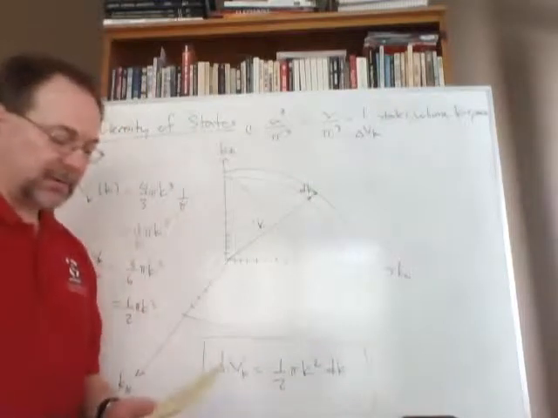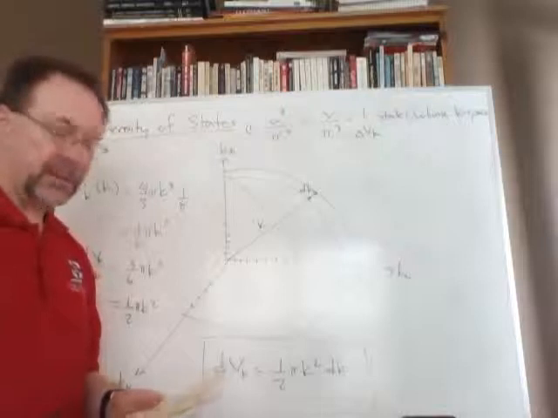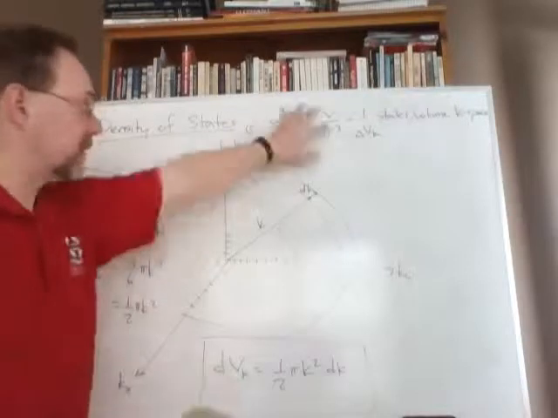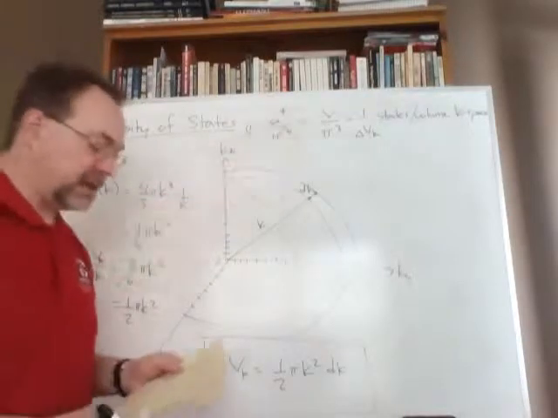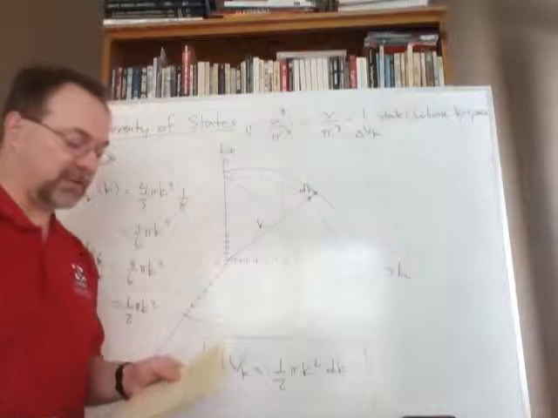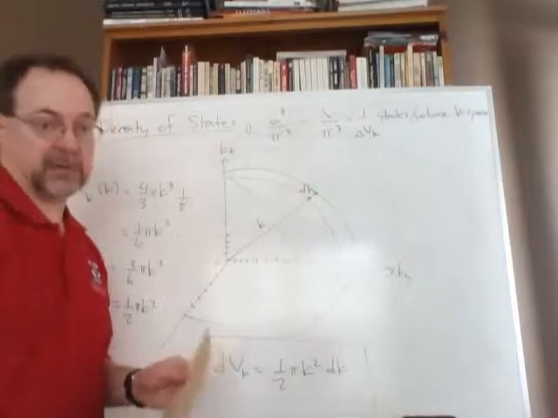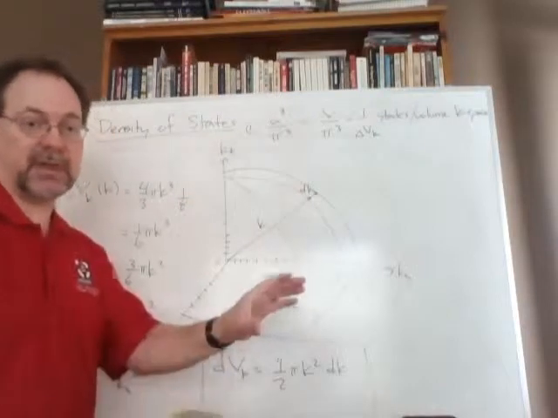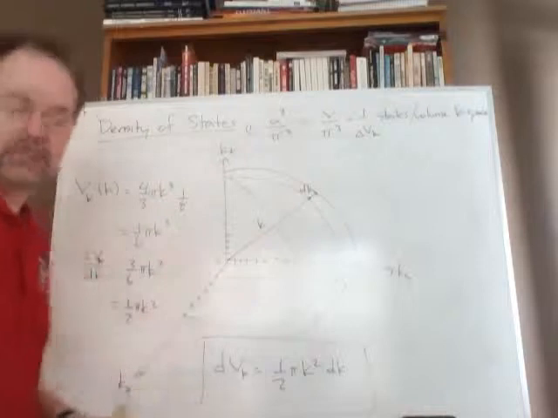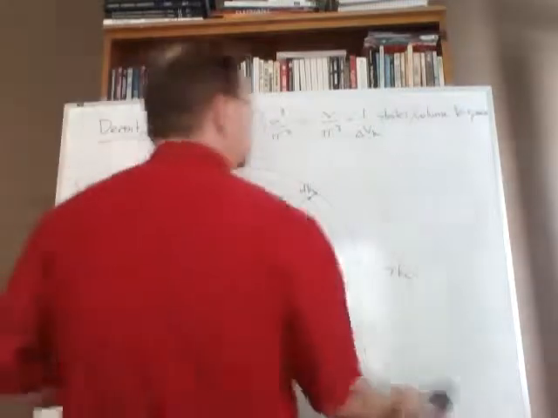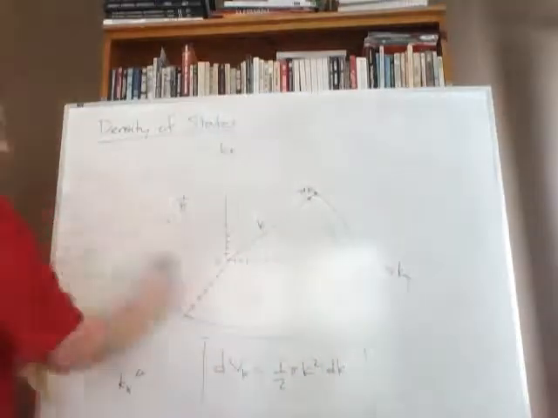Now we can put these two pieces together and find the number of states per unit volume per unit K space volume. That's not quite what we're after at the end, but we're getting there. So we've got two pieces of the puzzle. This was part number 2.